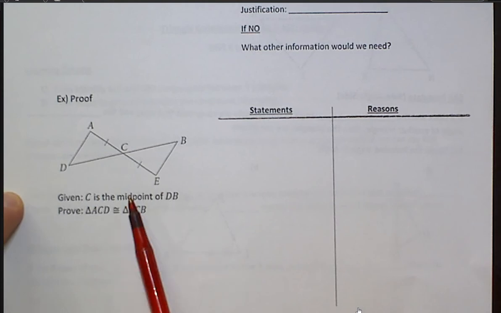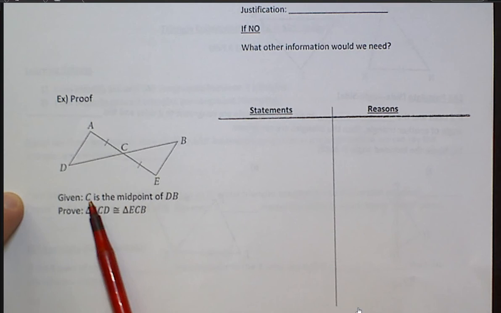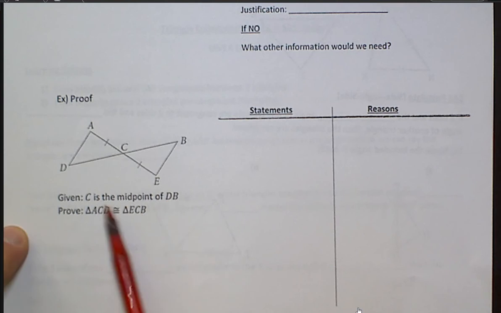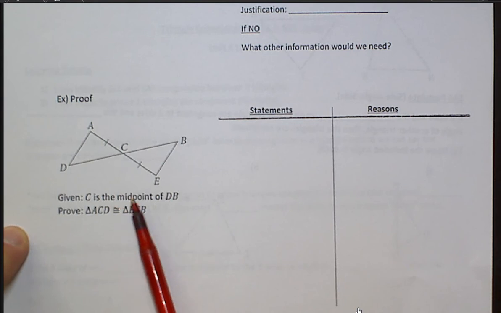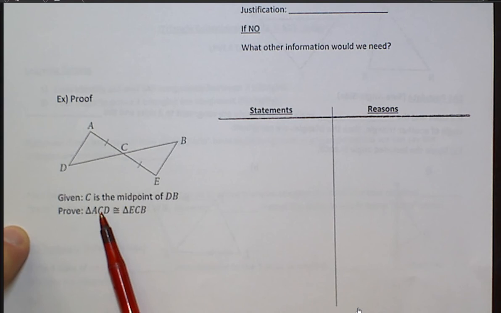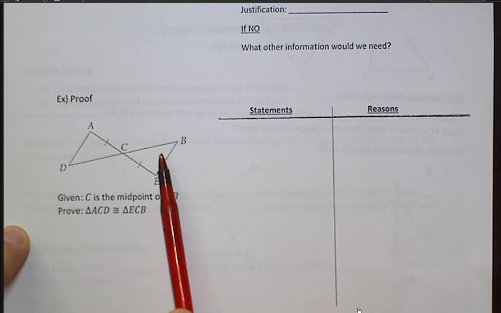Can you be given a diagram with a piece of given information? Can you take that given information, take it apart, figure out what it gives you, and then prove to me or prove to yourself that this triangle is equal to this triangle, and do it in proof form?